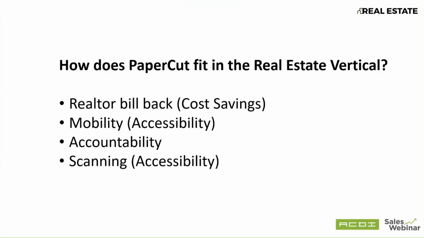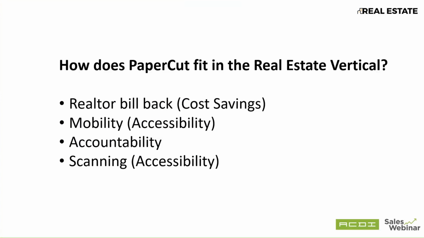Mobility, accessibility. We're going to talk about mobility here in just a few moments, as well as address a PaperCut 19.0 version update on mobility. Accountability, just straight accountability. Think of those larger real estate firms I mentioned just a few moments ago. If we're talking about a company that spans 5 or 6 different states, well, they're going to have staff.